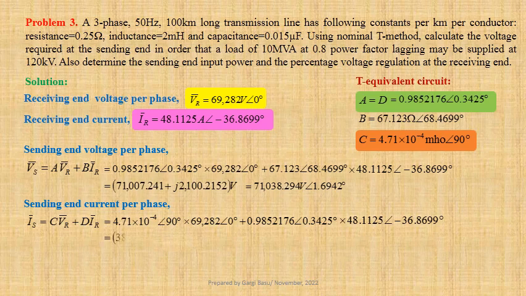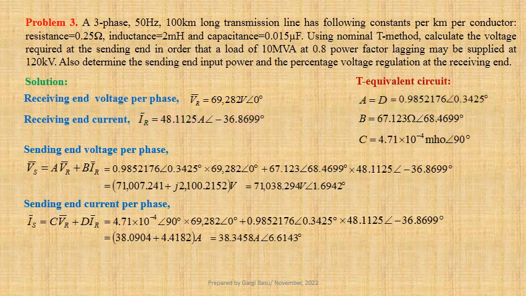That gives us 38.0904 plus j times 4.4182 ampere. This may be written in polar form as 38.3458 ampere at an angle 6.6143 degree. On no load, receiving end current IR equals 0.